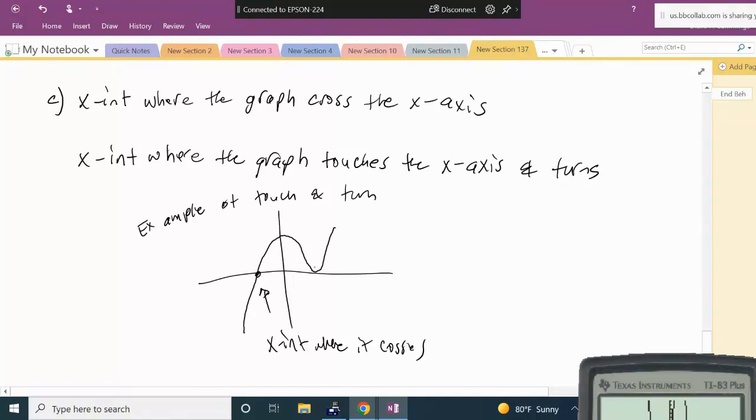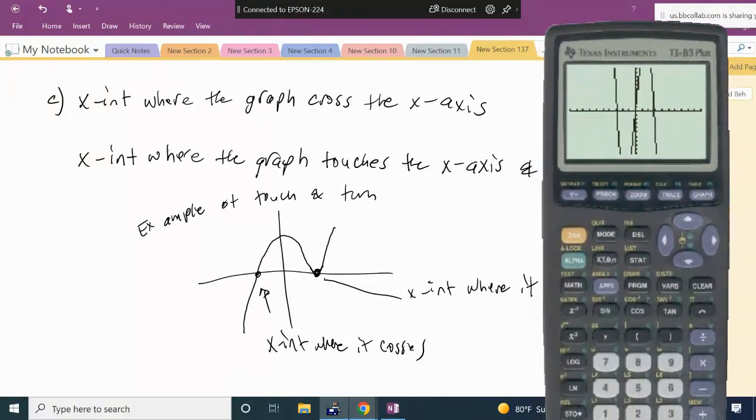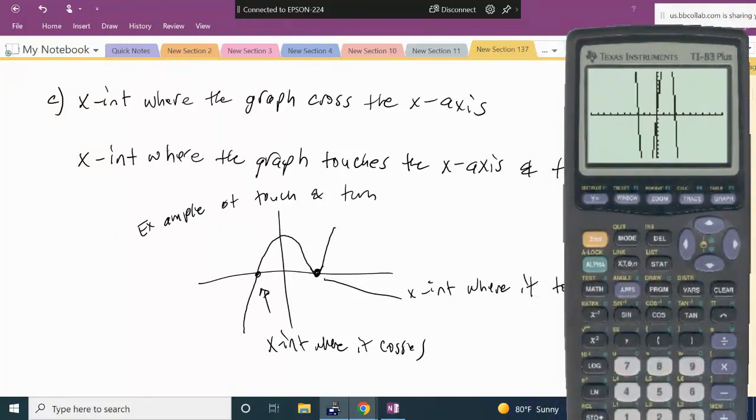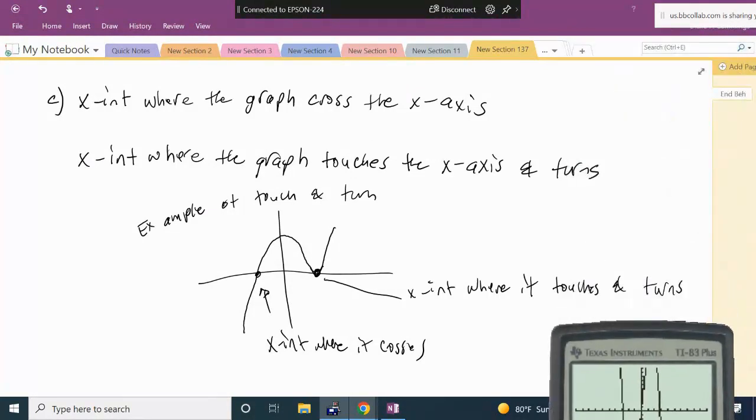This point would be an X-intercept because it actually touches the X-axis, but it doesn't cross through. It actually turns around where it touches and turns. So notice for our particular graph, we don't have anything that touches and bounces off. Okay, so that's a visual for what the second part of that question wants.